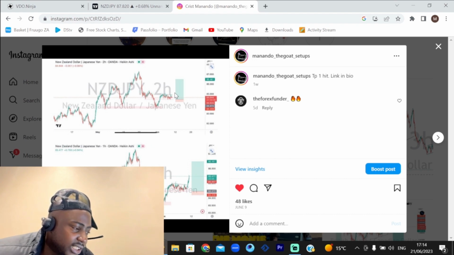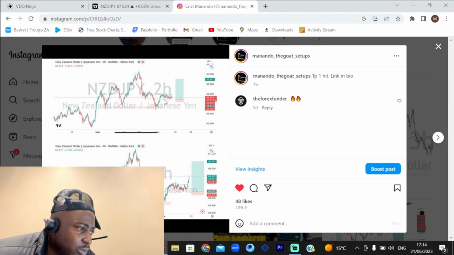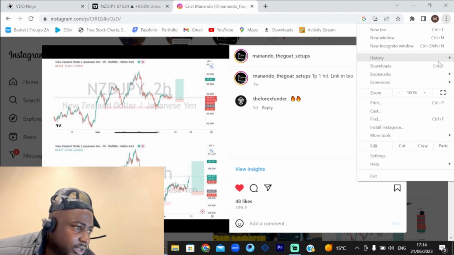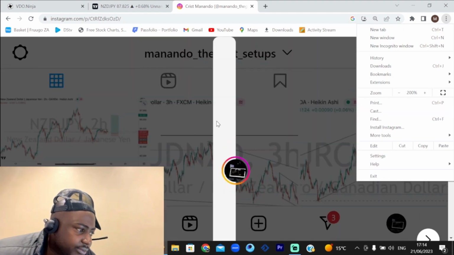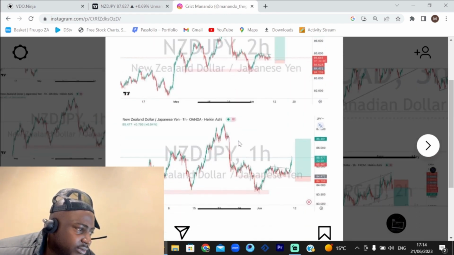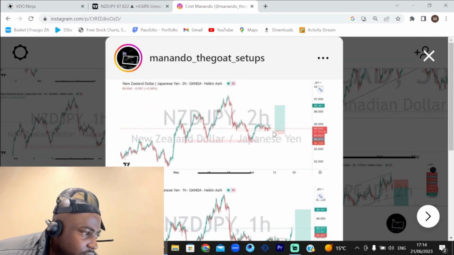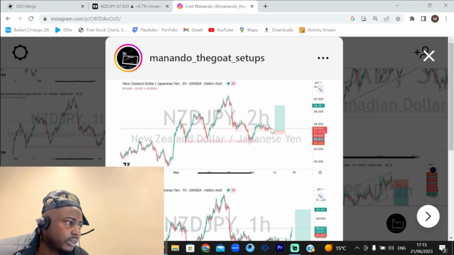As you can see, I don't think I can zoom in, but okay, cool. This is the correction that I was looking at, and we just bought up all the way in the 2 hour time frame.